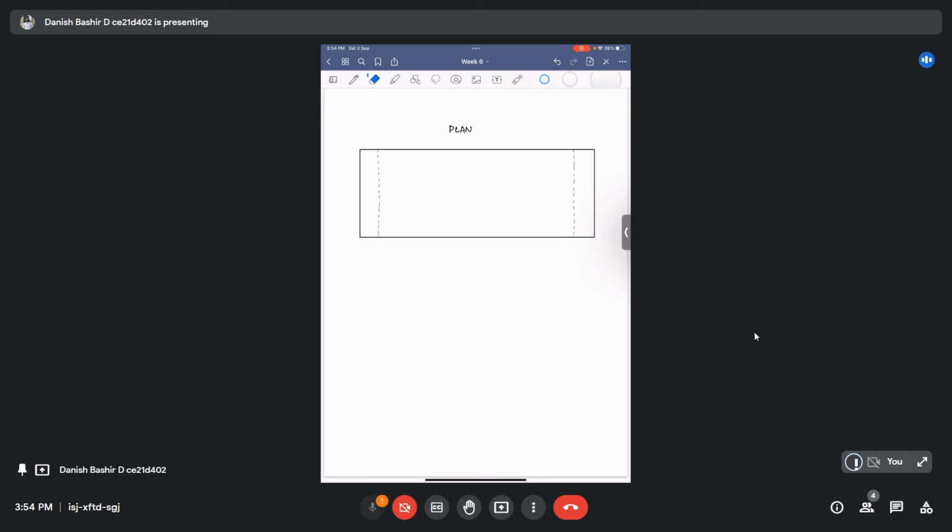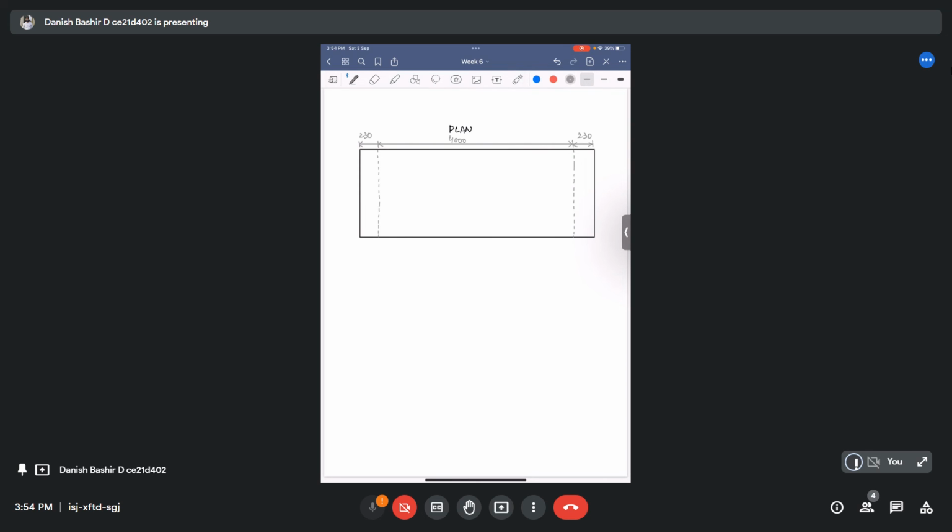We have to mention the details as well here. These are the walls. Every dimension has to be in mm, so the walls are 230, and the clear span between them is 4000 mm.